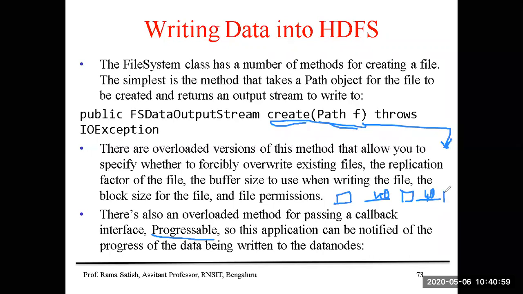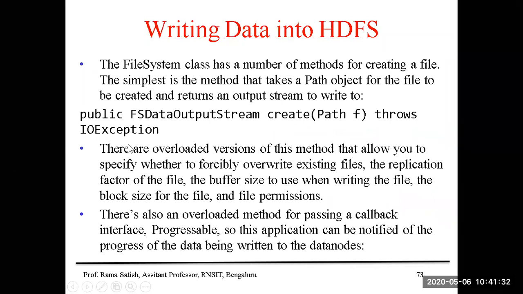Next, another set is written, and finally it will display that 100% is written. So Progressable is actually an indication of the progress, from 0% to 40%, 40% to 80%, 80% to 100%. That's the concept that you should understand. It's quite important and necessary.